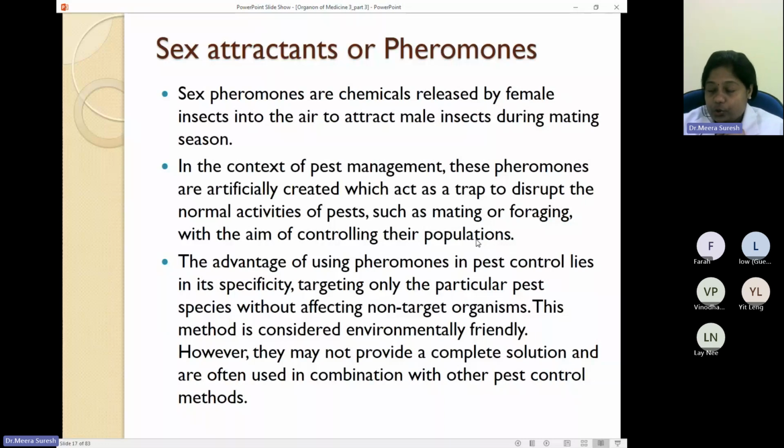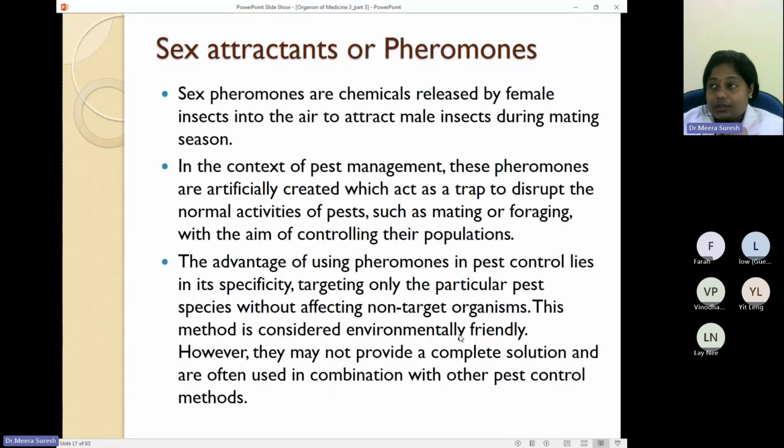But when we are going to use pheromones, because this is species specific, only the male counterparts of that particular species will be getting trapped, not all the insects. So that is one of the advantages of using the pheromones. There is a high level of specificity. We target only the particular pest without affecting the non-target organisms, which means this is environmentally friendly.